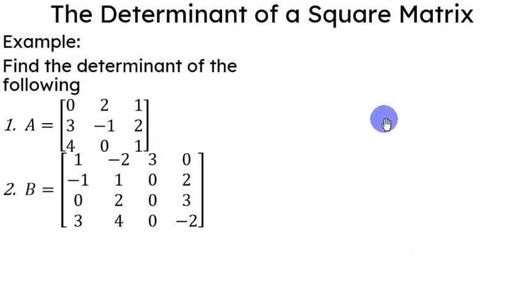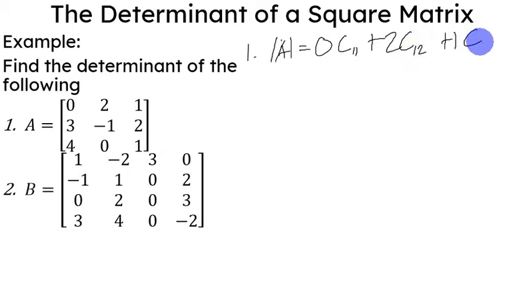So, pause the video and try to see if you'll be able to find the determinant of matrix A. Alright, so we are asked to find the determinant of matrix A. For matrix A, the determinant of A would be 0 multiplied to its cofactor, plus 2 multiplied to its cofactor, plus 1 multiplied to its cofactor.